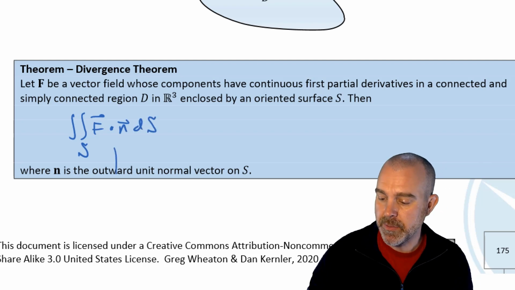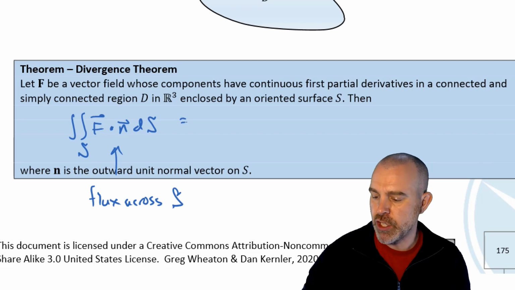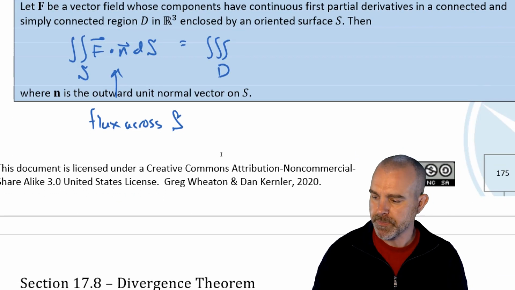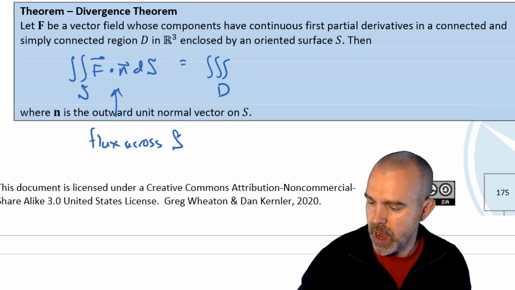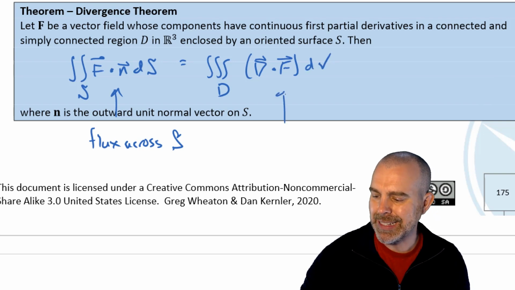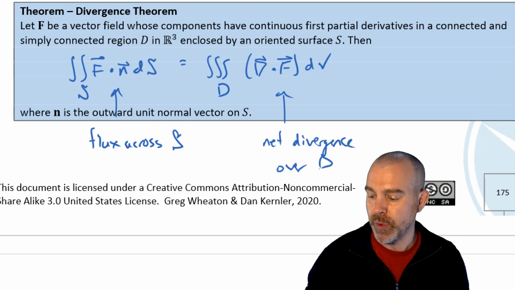This is the flux across that surface S. And the divergence theorem says that should equal the triple integral over the three-dimensional region of the divergence. When you add all that up, it's like the net divergence over that three-dimensional region D.